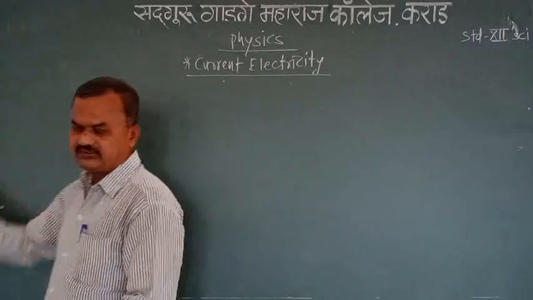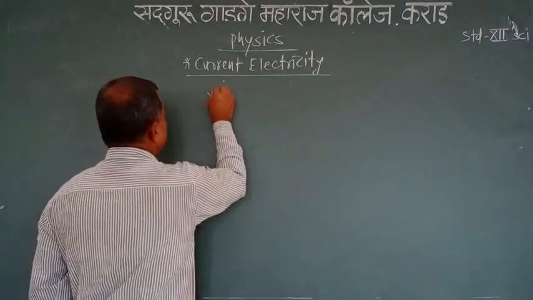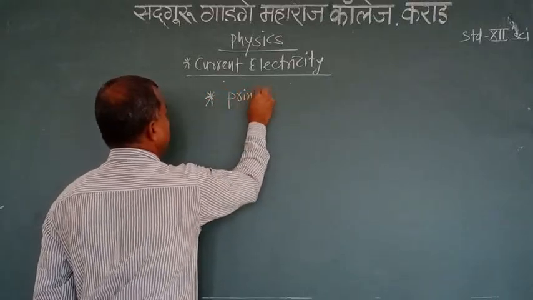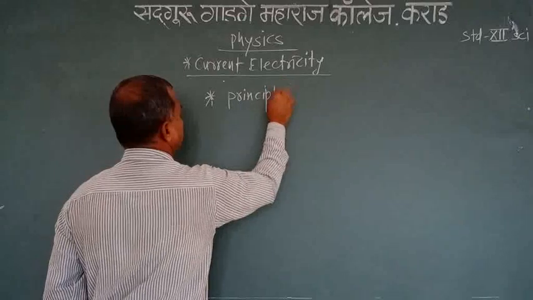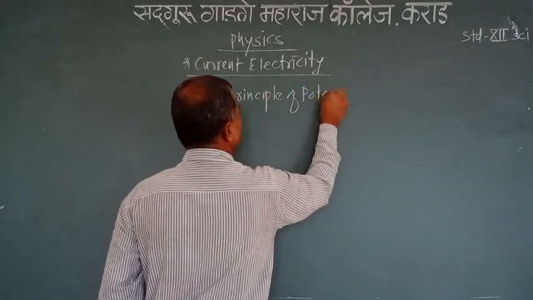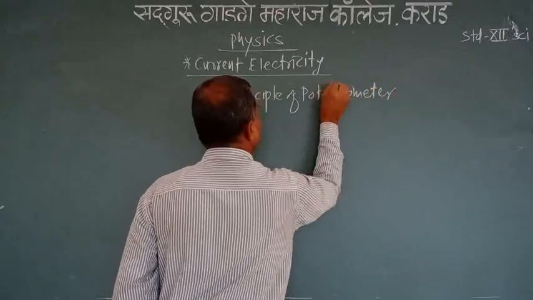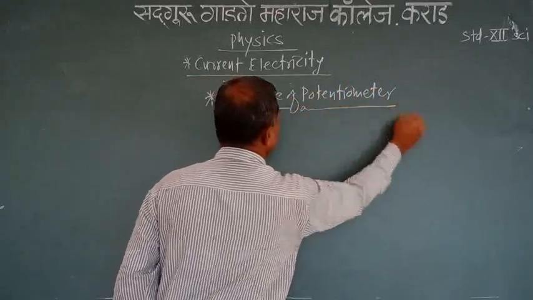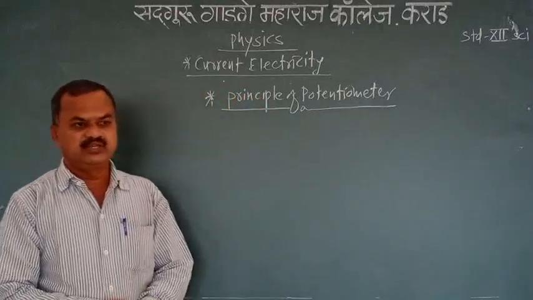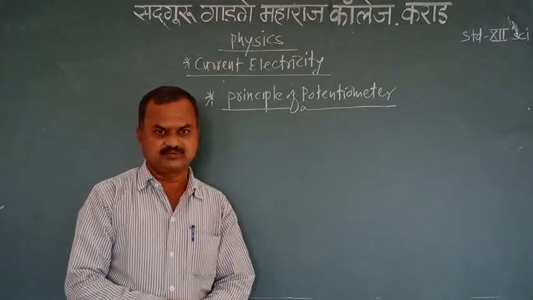Now, next point: principle of potentiometer. Potentiometer is an instrument used for accurate measurement of potential difference.